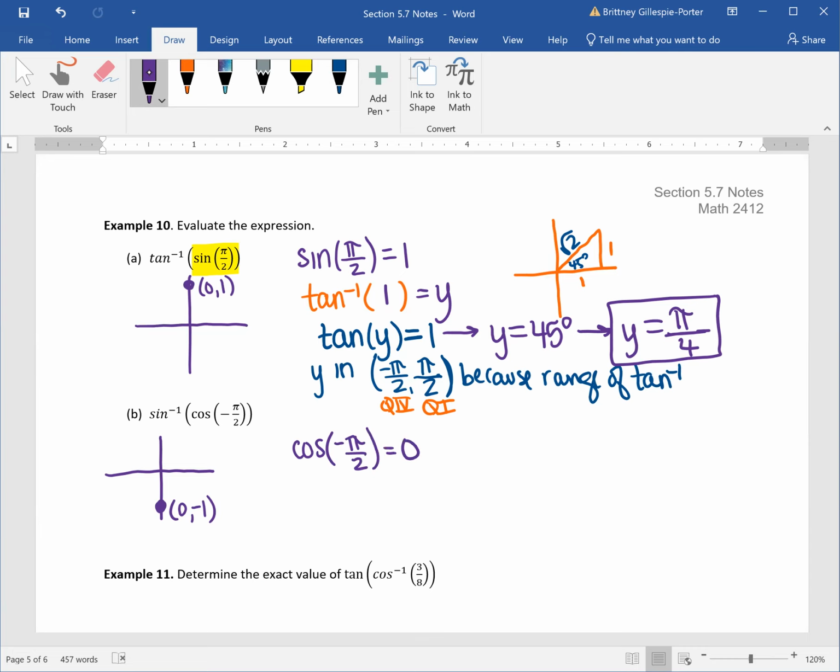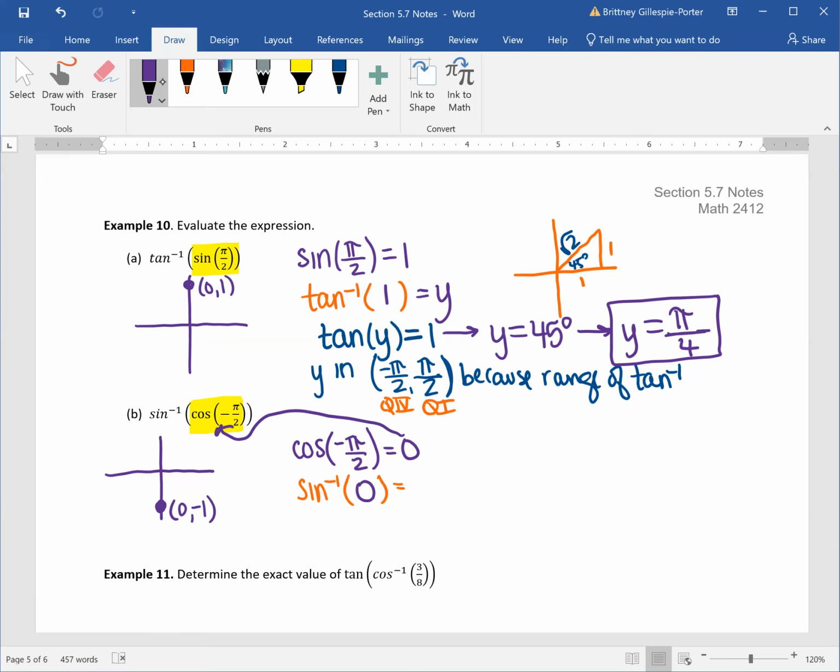And since we're plugging in for cosine of pi over 2, this means that we have inverse sine of 0, because again, we're plugging in that 0 for cosine of negative pi over 2.